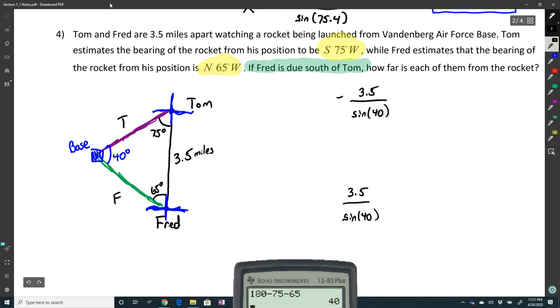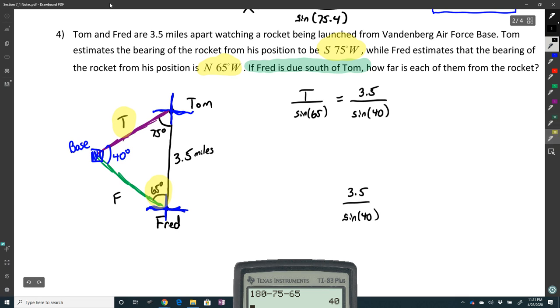For Tom, the opposite angle is Fred's 65 degrees, so it's going to be T over sine of 65. I'm not putting the degree symbols, but they're implied to be degrees.